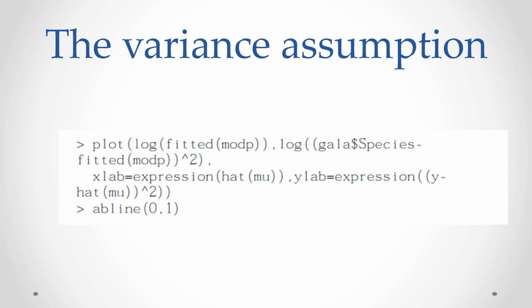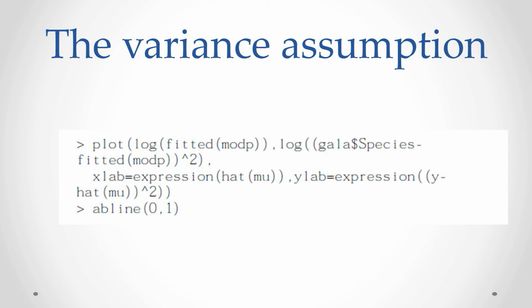A key assumption of Poisson regression is that the mean is equal to the variance. Let us see if this holds for this data set. It is difficult to estimate the variance for a given value of the mean, but we can use (y minus mu hat) squared as a crude approximation. We plot this as a crude estimate of the variance against the mean.